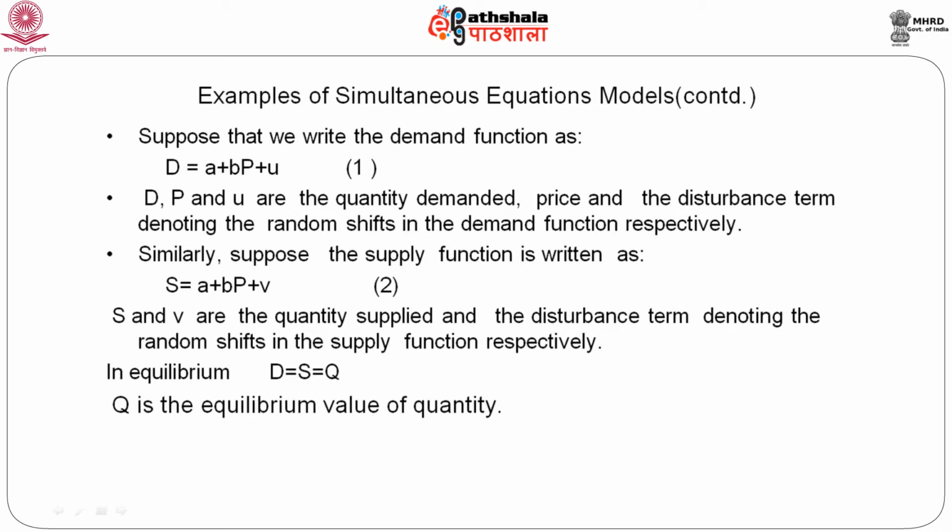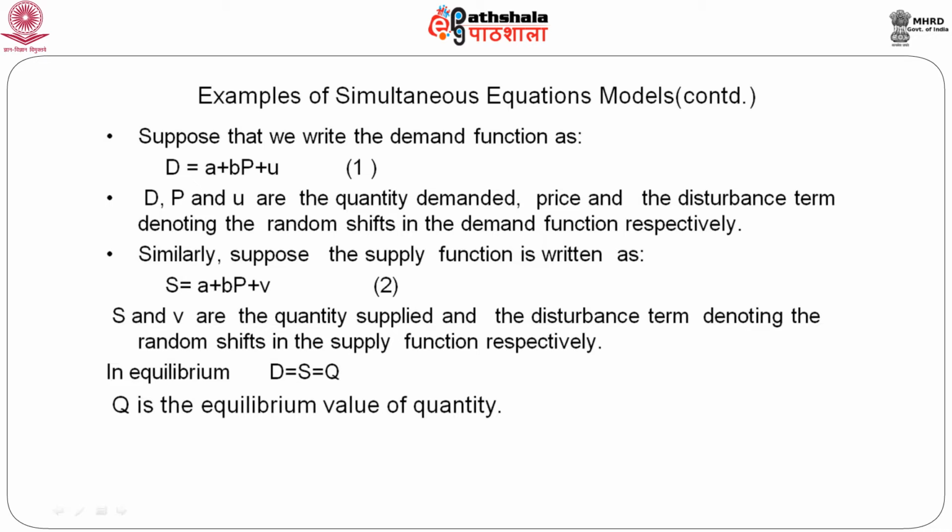Suppose we write the demand function as demand as a function of price only, along with the disturbance term u, where Q, P and u are the quantity demanded, price and the disturbance term denoting the random shift in the demand function, respectively.